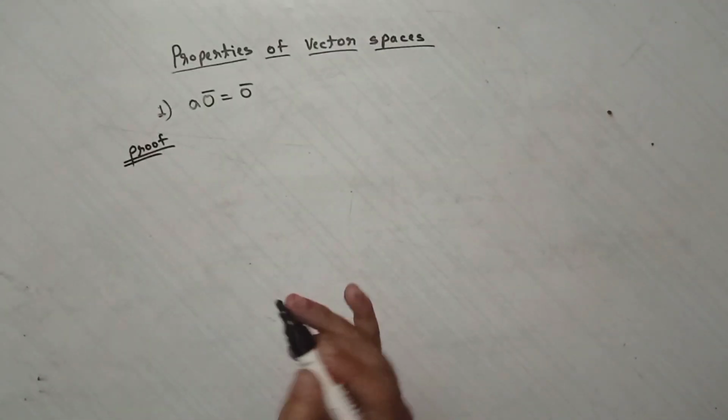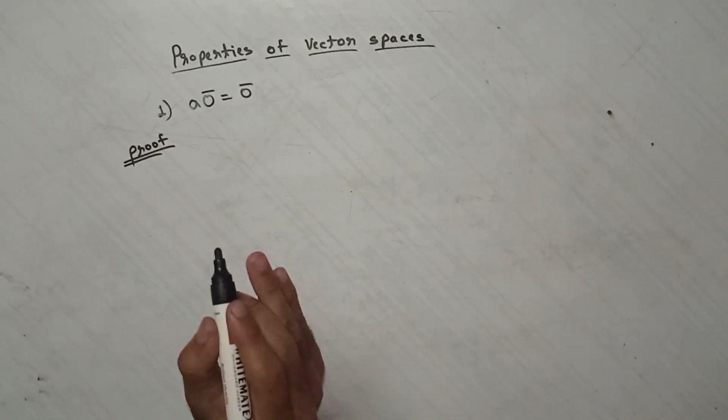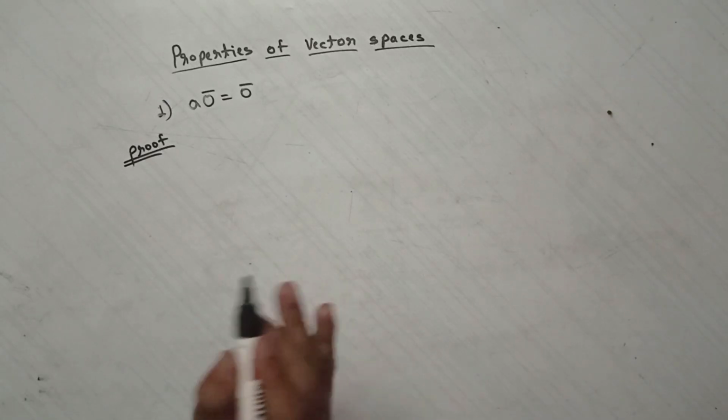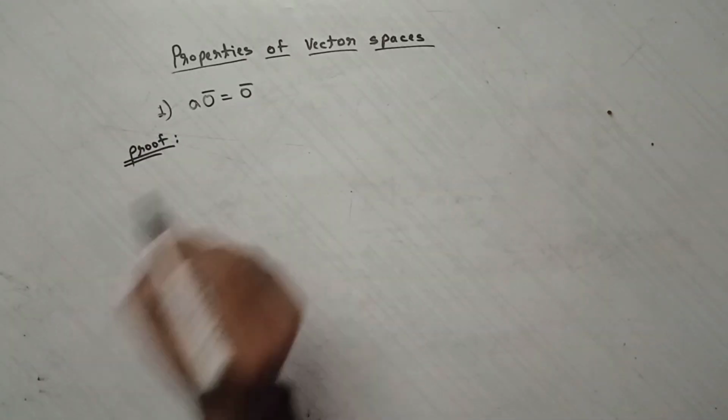Zero vector simply means like a zero or nothing. Keep in mind that the zero vector is like a zero value, but it is not the same, though we assume it is a zero.